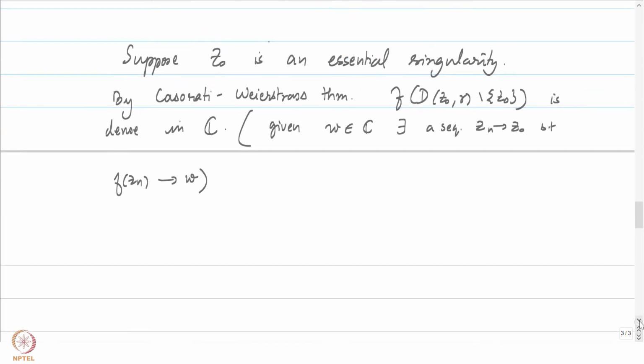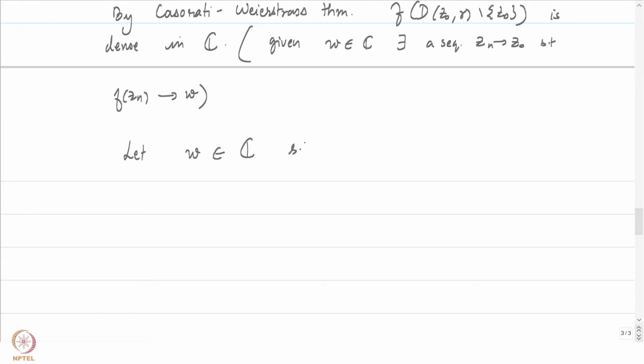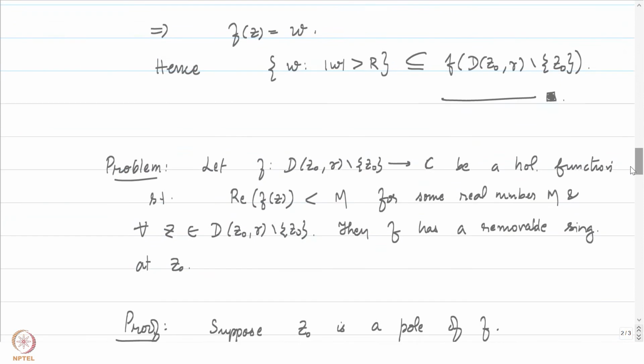But anyway, we have in D(z0, R) minus z0 a sequence which converges to W, where W is again going to be picked as above. Let W be a point in the complex plane such that the real part of W is greater than M. Again, a condition which is going to give us the contradiction.